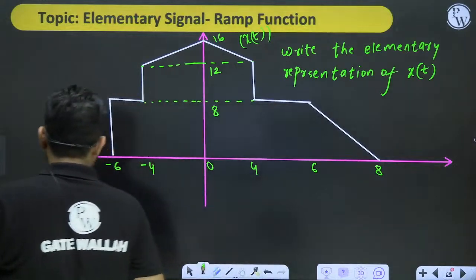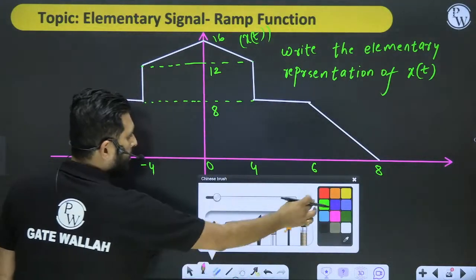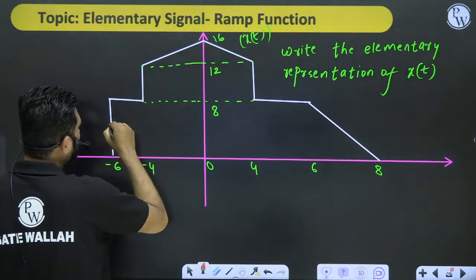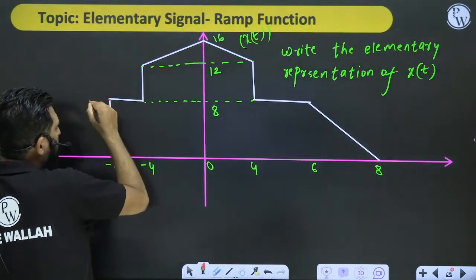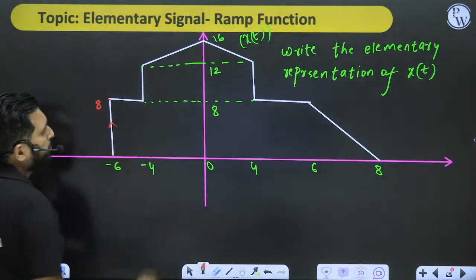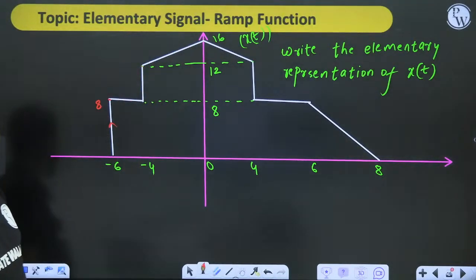See here. This is a jump. This is a jump of how much? This value is 8. 8 minus 0 is 8. 8 jump we have. After that we have a 12 jump. That's right.